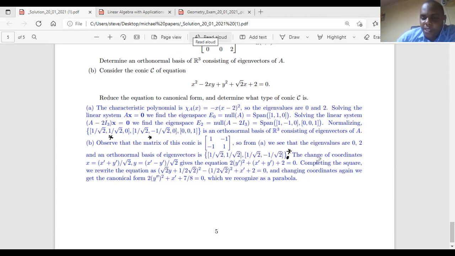Yes. My question, something I'm not understanding, is this. Why is he changing the coordinates to this? What is the reasoning behind that? That is something that is not ringing a bell. That's my major problem.